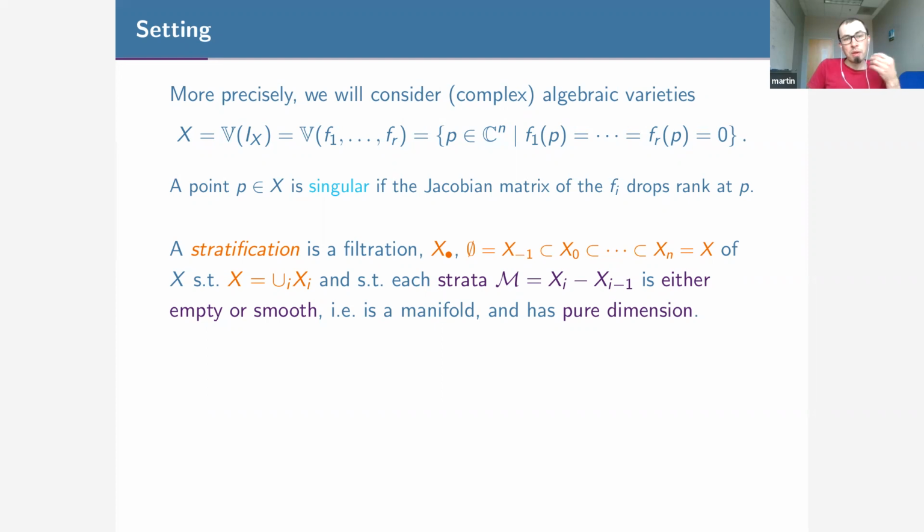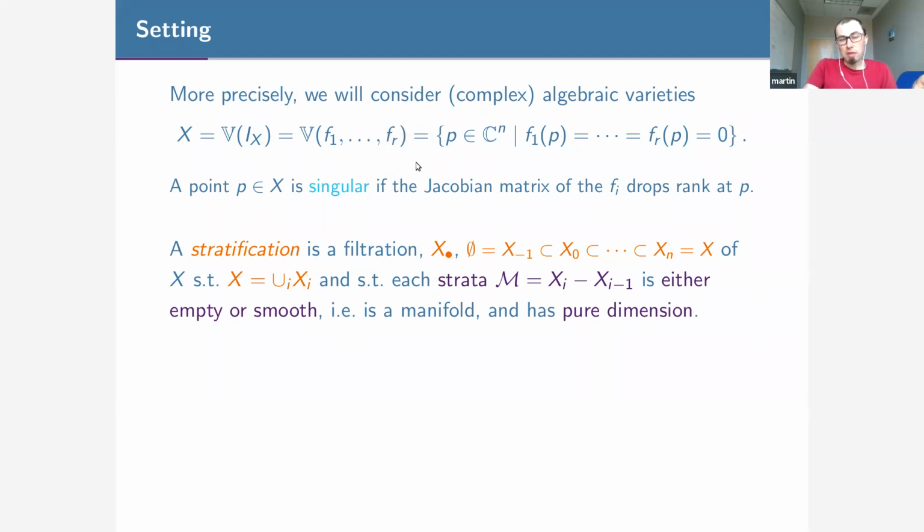Our varieties are usually called X, defined as the zero set of a list of polynomials as usual. And a point in a variety is called singular if the Jacobian matrix of the defining equations drops rank at that point.